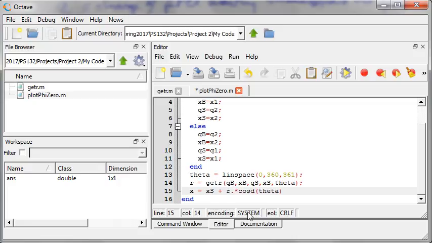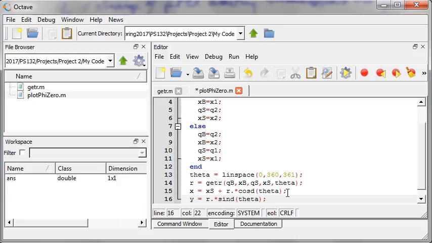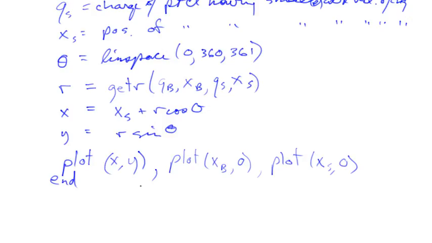To multiply those together, I need the dot in there. And then Y equals R, or the dot star right off the bat this time, sine in degrees of theta. Well, it's the sine of theta, treating theta as being in degrees. I'm going to do a Control S, take a look at this because I was just going by memory. So XS plus R, that actually looks good.